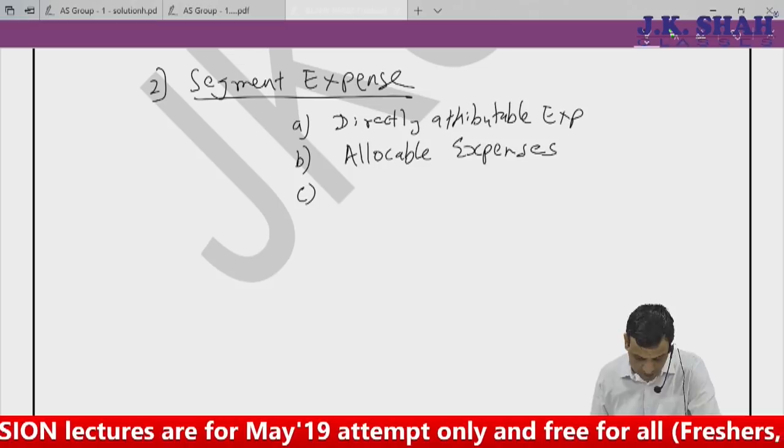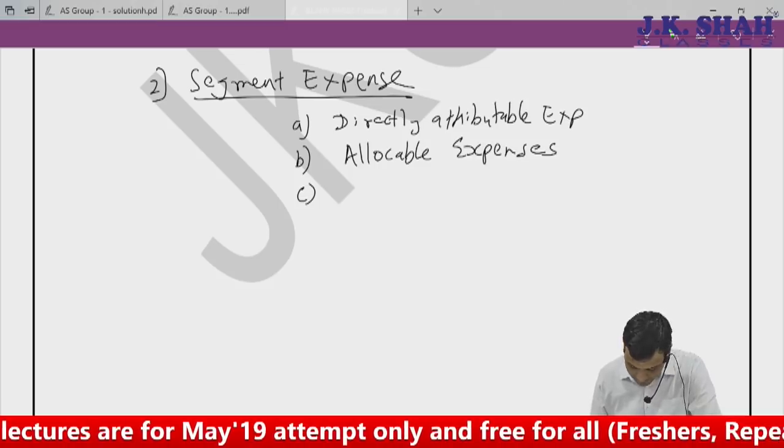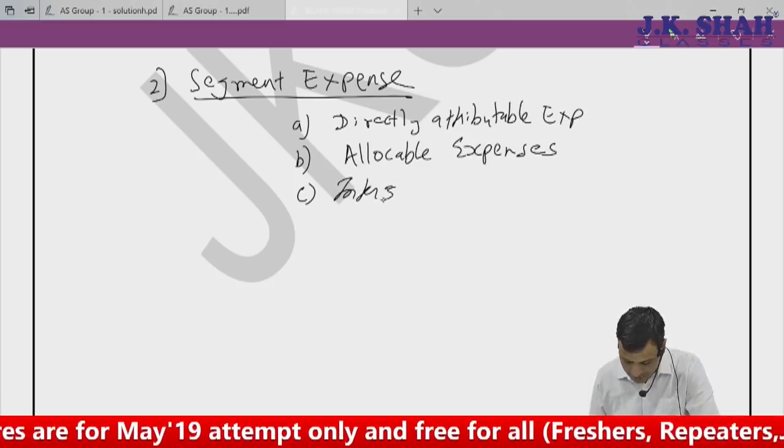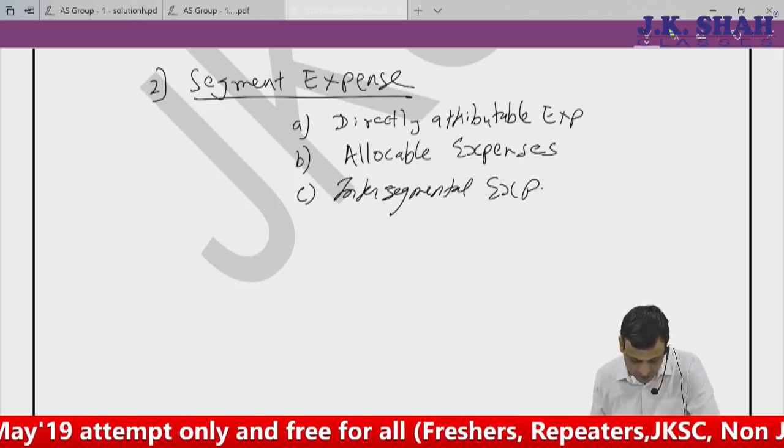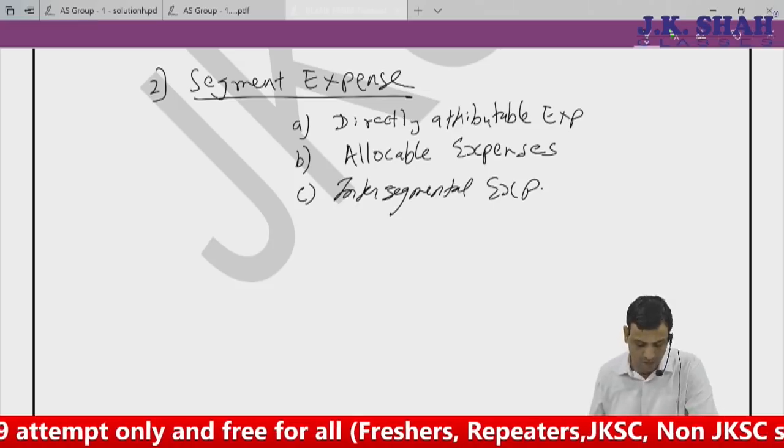And of course the same thing which you had there, intersegmental, because what is revenue for you is obviously an expense for the other person.